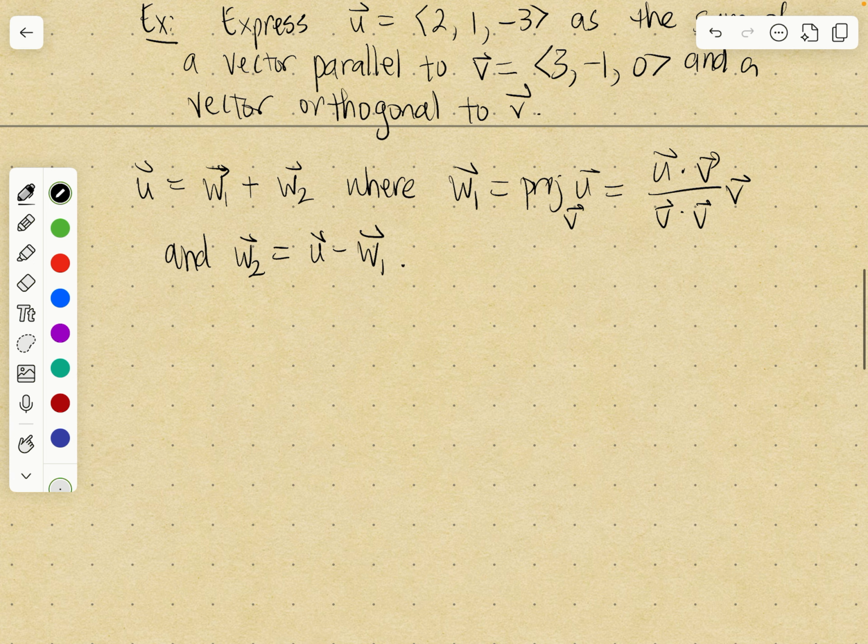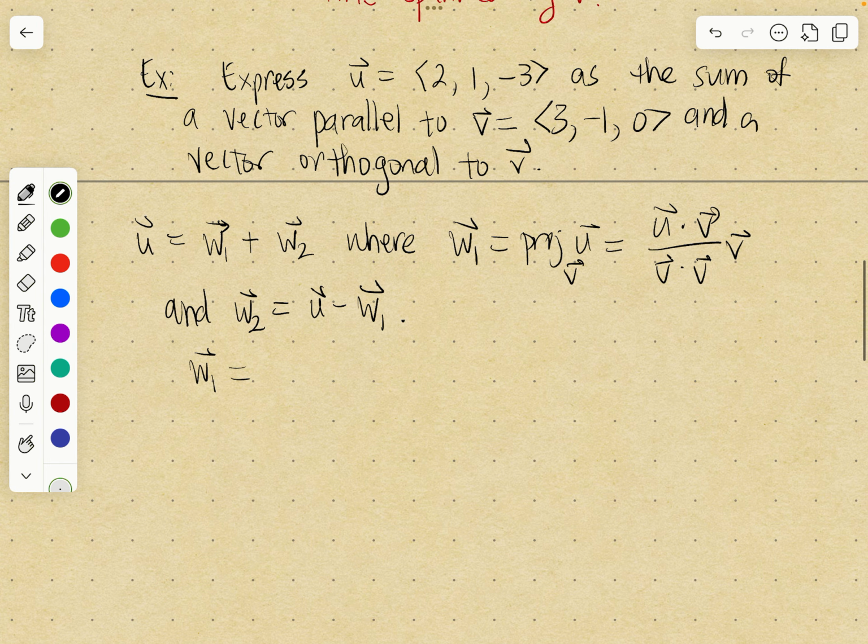Well, let's calculate W1. We're given U and V, so U dot V is equal to 6 minus 1 plus 0, which is 5. So you're going to get 5 over V dot V, which is 9 plus 1, 10.